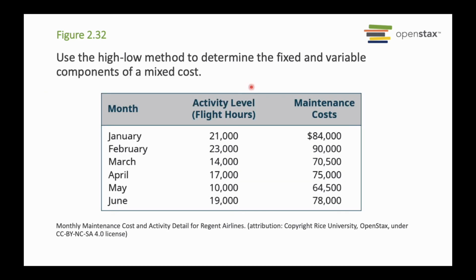So we must go back to our data and identify the highest activity level, 23,000, and the lowest activity level, 10,000. So those two observations are critical to us. So 23,000 and 10,000, and the accompanying total costs are 90,000 and 64,500.